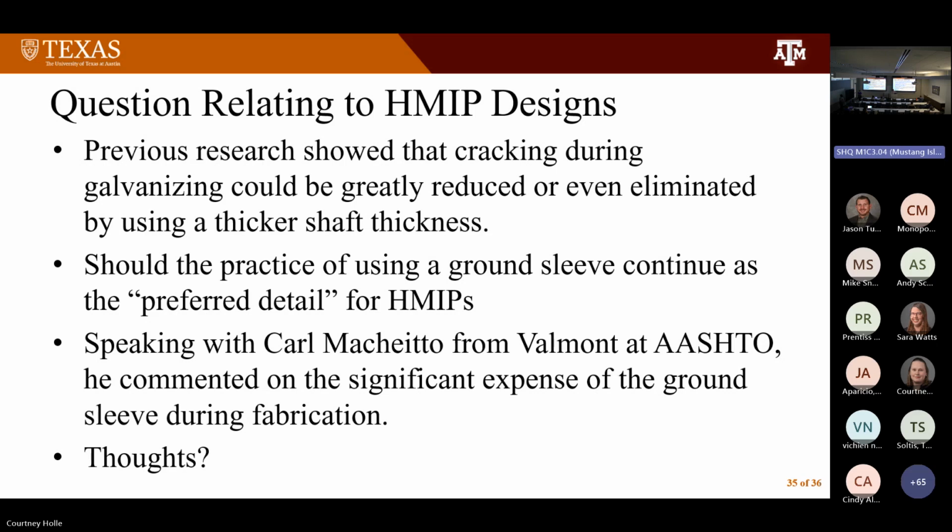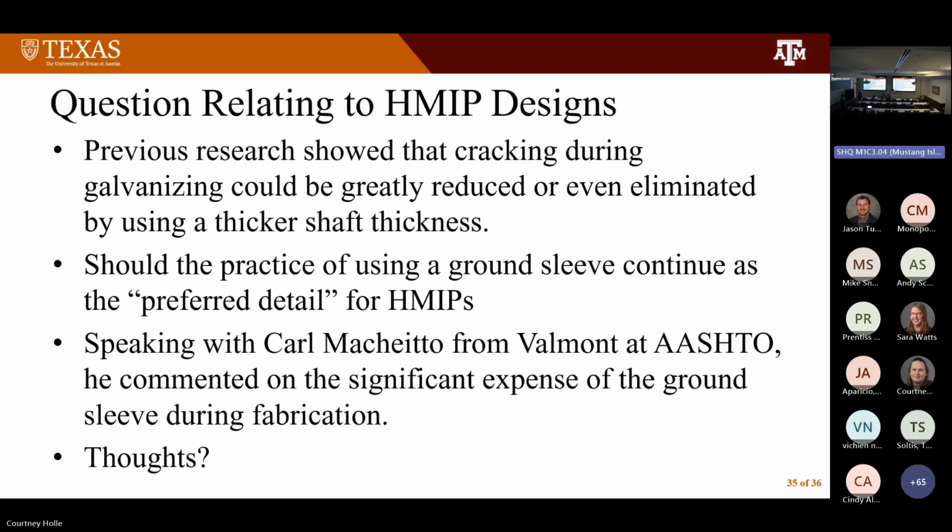So, again, I do think if you're going to look at your details, you should start looking at whether you want to use that ground sleeve, or maybe use no ground sleeve but thicken that wall. I think with the cost of the material, there is a limit obviously to the cold bending and so on. If you get too thick, you can't get the radius that you need, but I don't think we're talking about that.